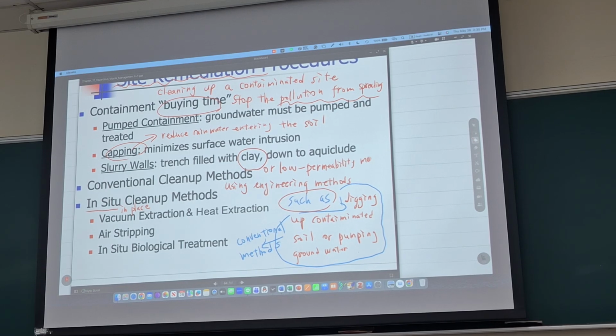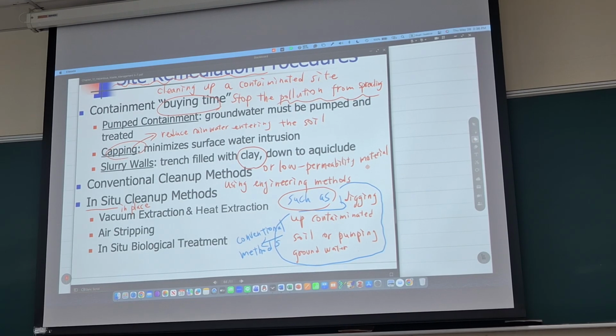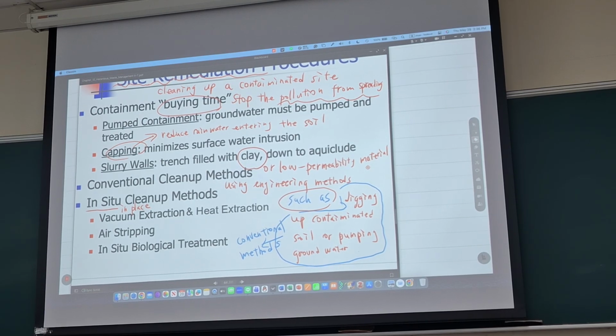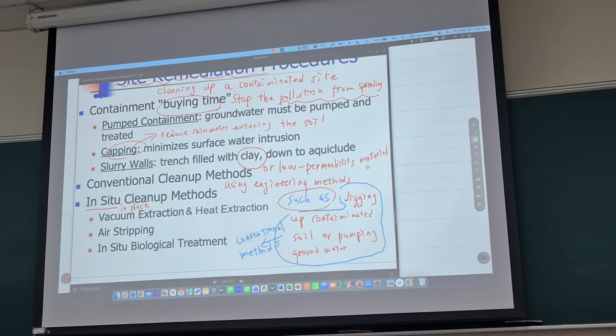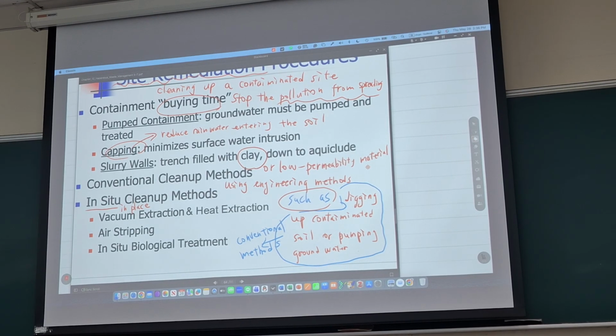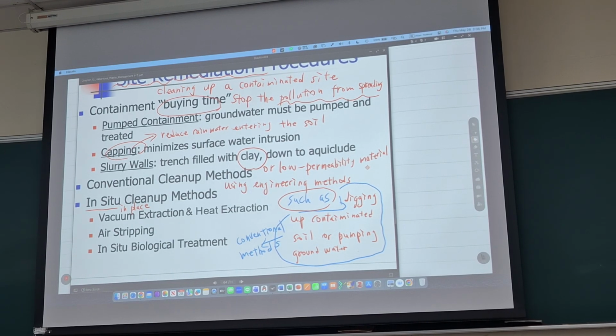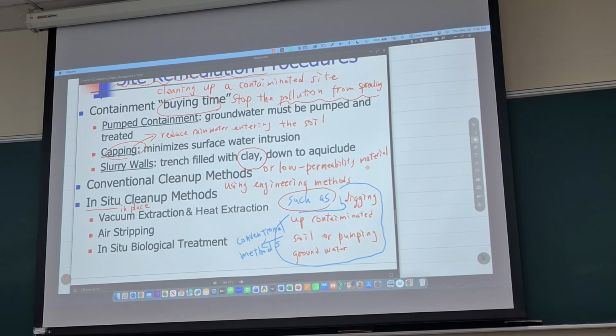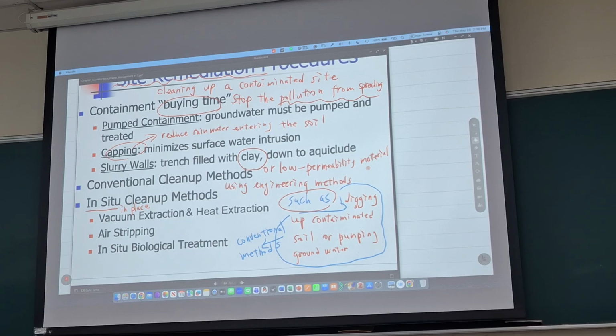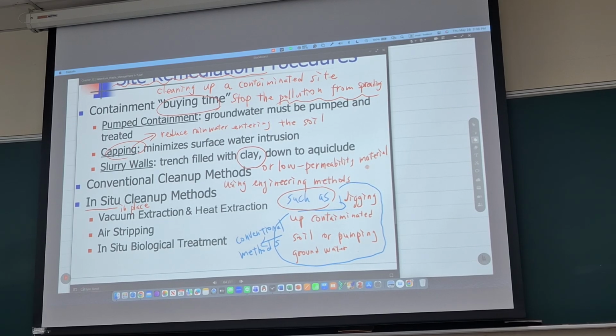We use some conventional cleaning methods, such as digging up contaminated soil or pumping up polluted groundwater. In situ cleaning up methods mean in place, without removing the contaminants. So we use vacuum extraction, heat extraction, air stripping, or in situ biological treatment.